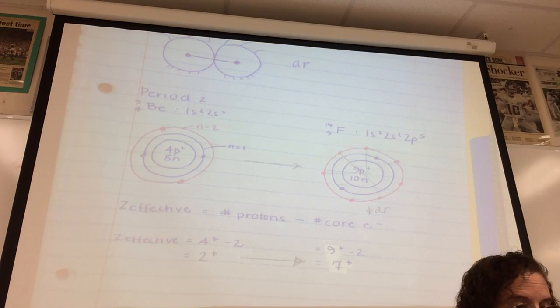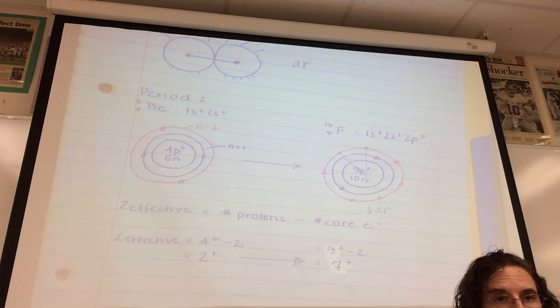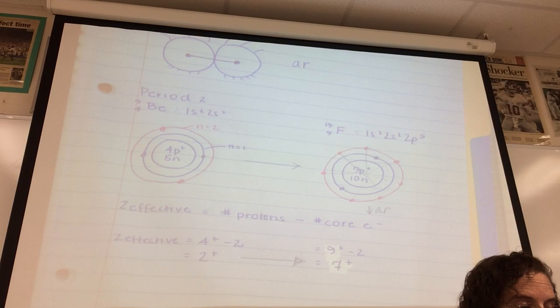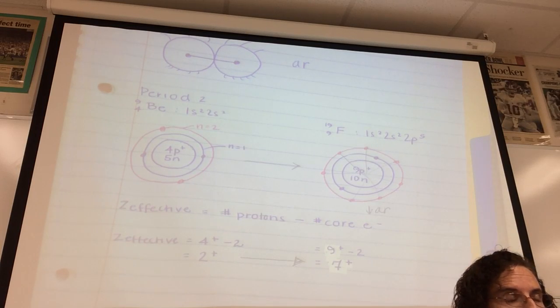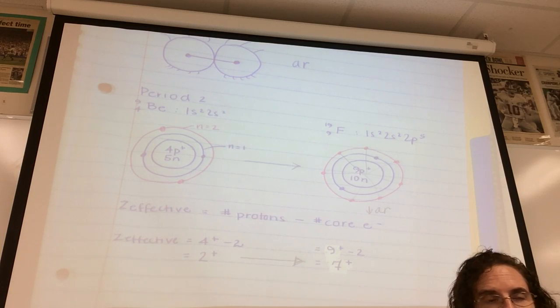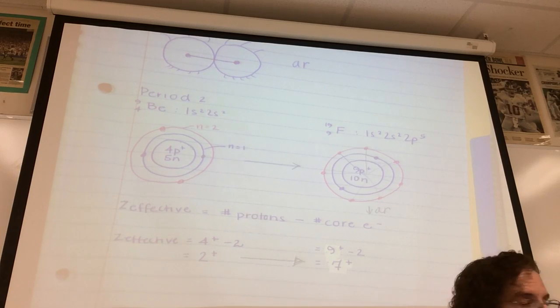When you write it up, fluorine has a smaller atomic radius than beryllium because it has a greater effective nuclear charge. The valence electrons are drawn tighter to the nucleus, hence the radius shrinks. Okay? It's all there.